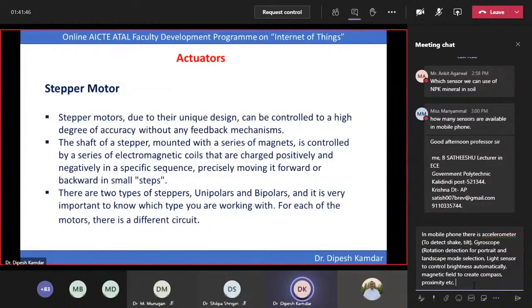Then the stepper motor. Basically, a DC motor can rotate, but the number of rotations it makes is not 100% controllable.